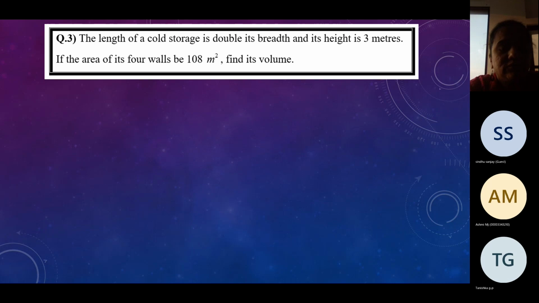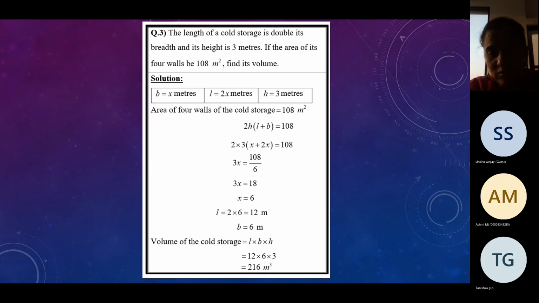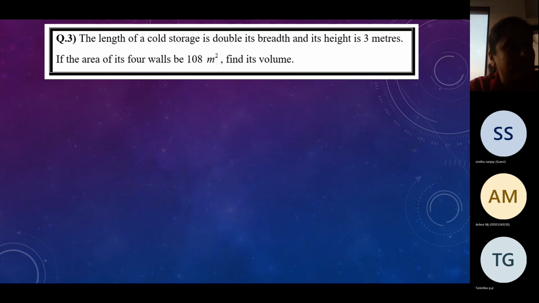It takes only 1 minute to work this, or 2 minutes max. No. Volume, huh?